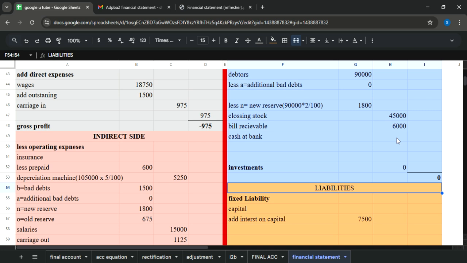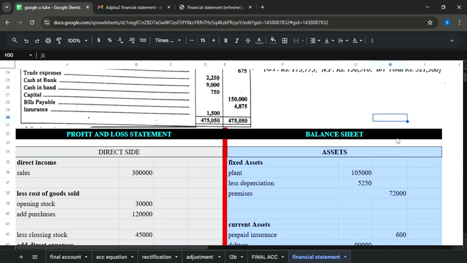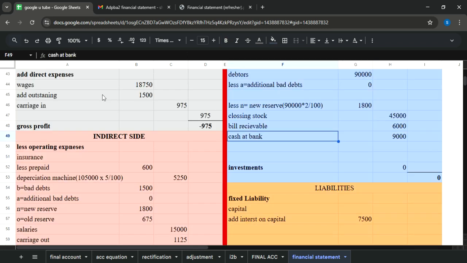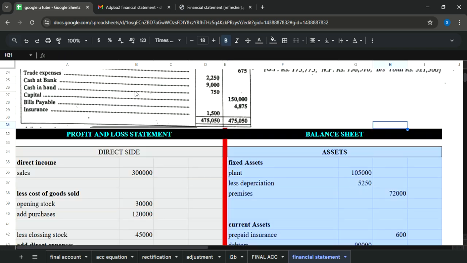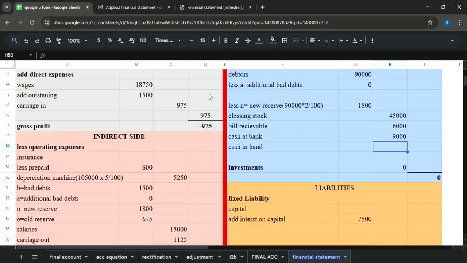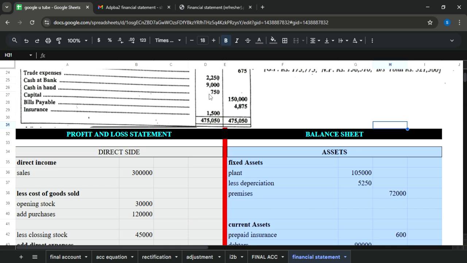So here you will write 9000, and then we have cash in hand. This is also part of current asset, cash in hand, amount is 750, mention.